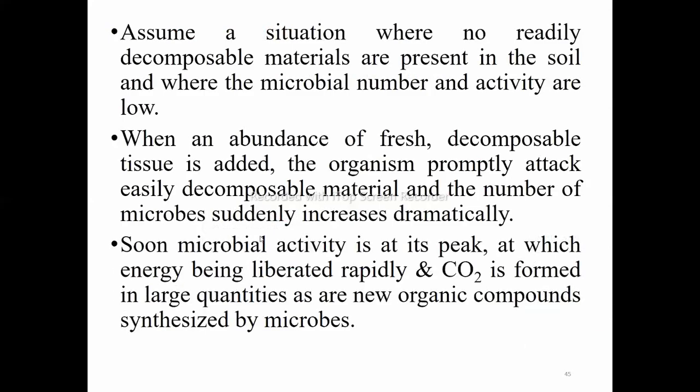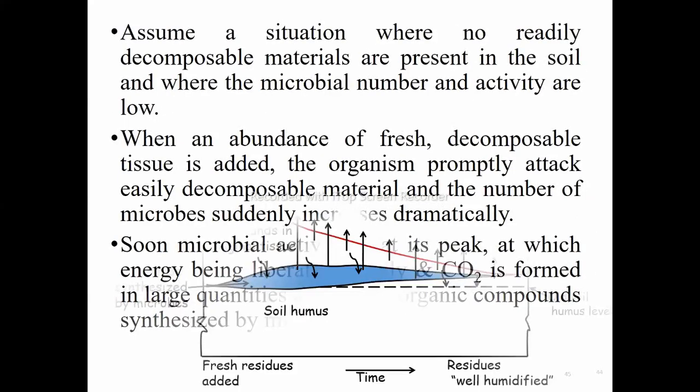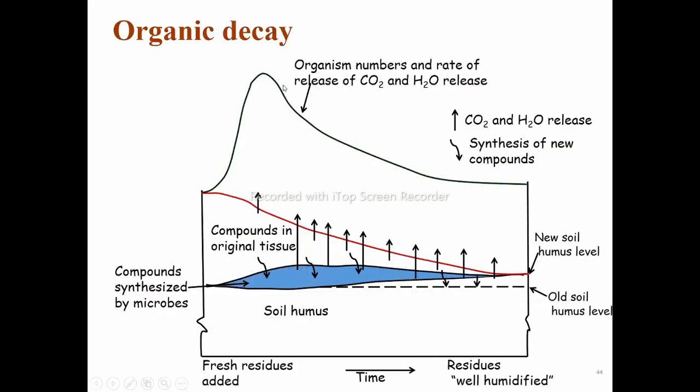And then soon microbial activity is at peak, at which energy is being liberated rapidly, and carbon dioxide is formed in large quantities as new organic compounds are synthesized by the microorganisms. When the microbial activity is at peak, the carbon dioxide is released and the water also. At the meantime, the compounds are produced from the original tissues as well as by microbial synthesis.